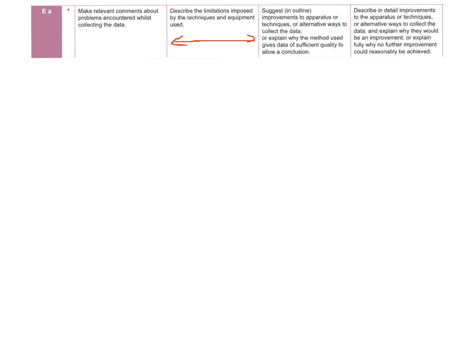It says describe the limitations imposed, as opposed to just talk and moan about all the problems that you had. So what are the limitations? Well, let's suppose, we'll make something up, let's suppose when you were connecting up item A to item B in your experiment, item A being whatever you want, item B being some other piece of equipment, that you had some sort of problem when you were connecting them up, and you need to say why.